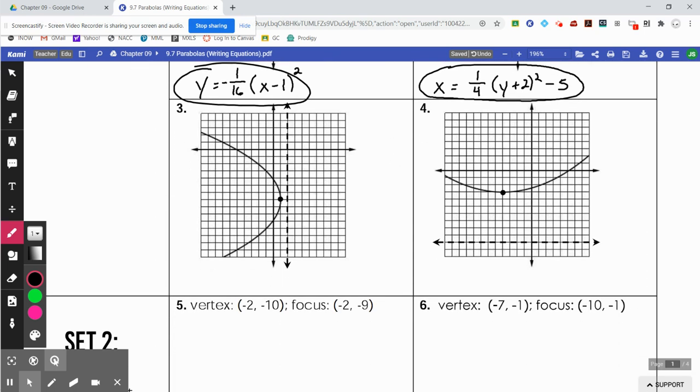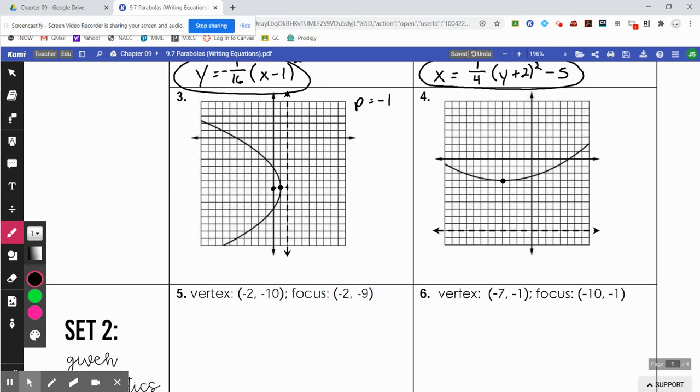Number 3, since this is a horizontal parabola that opens to the left, that means my p will have a negative value. The distance from my vertex to my directrix is what's given here, going to be a 1, so therefore that's the same as the distance from there to my focus as well, which would also be 1. So therefore my p-value is negative 1.